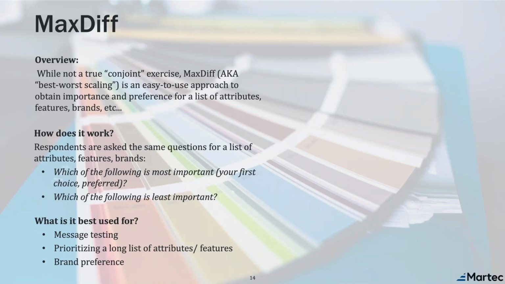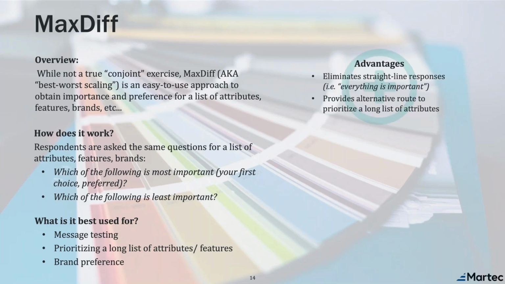Essentially, the respondents are asked a series of questions multiple times. If we're talking about importance, it would be which of the following is most important or your first choice, and which of the following is least important. And they will go through that a number of times depending on how long the list of attributes or benefit statements is.